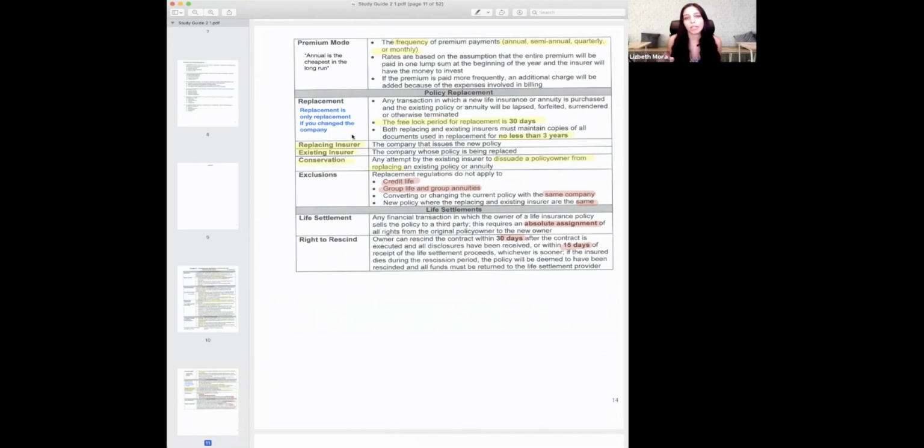Now, there is a replacing insurer, if you guys remember, insurer with an ER, okay, is the company. And then there's the existing insurer, right? The existing insurer is the one getting replaced. Now, if you are my client and you call me up and say, hi, I'm switching over to another company, do you think I'm just going to say, okay, bye, see you later? No, I'm not going to let you just leave.